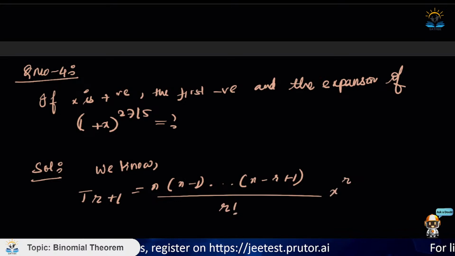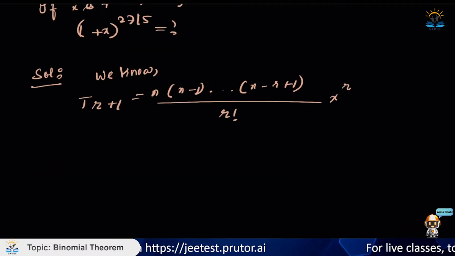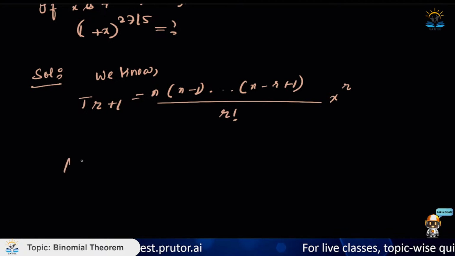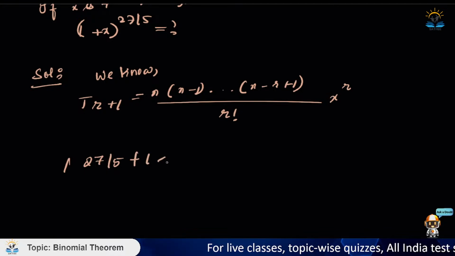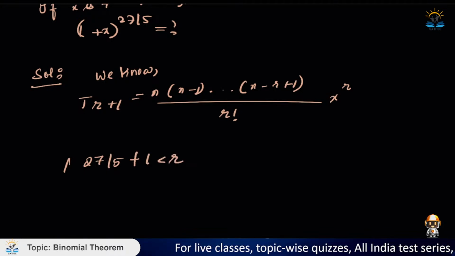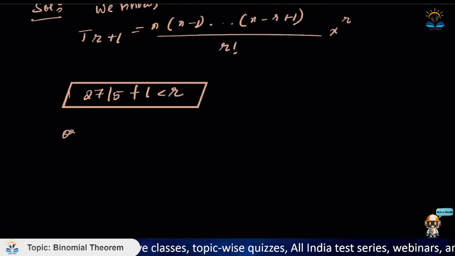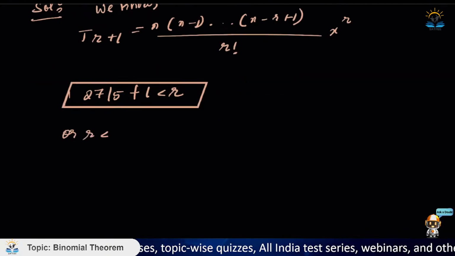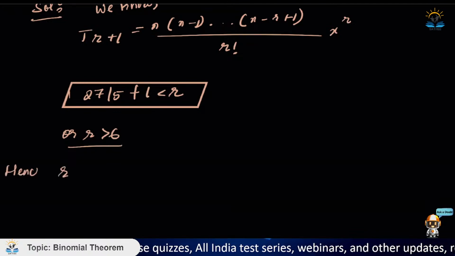Now when we solve this, 27 divided by 5 plus 1 is less than r, and we can say r will be greater than 6. So hence r will be equal to 7.